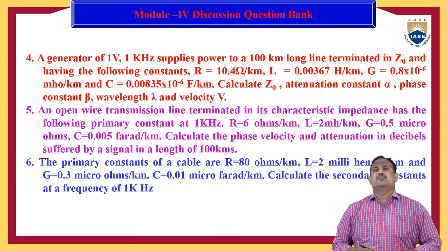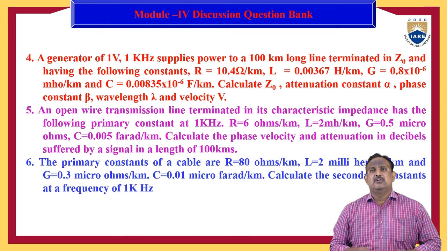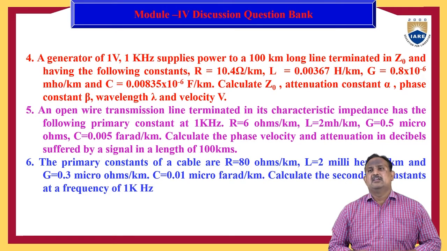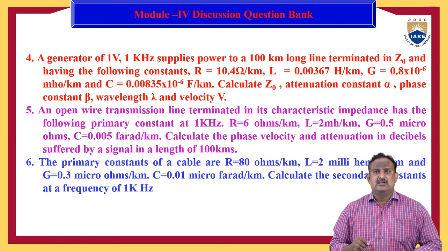A generator of 1 volt, 1 kilohertz supplies power to a 100 kilometer long line terminated in Z0 and having the following constants. R is given, L is given, G is given, C is given. Here we need to calculate Z0, attenuation constant alpha, phase constant beta, then wavelength lambda and velocity.